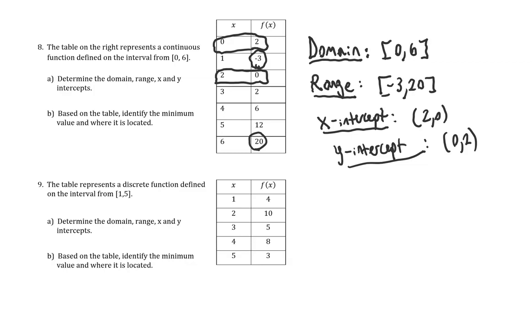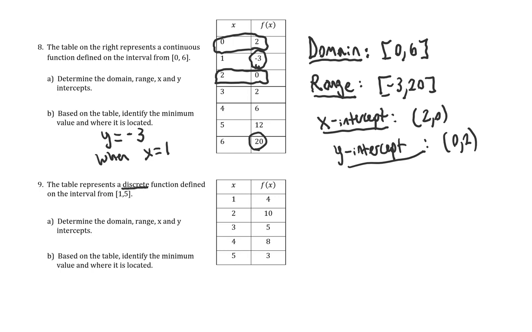And it says, based on the table, identify the minimum value and where it is located. So we've already talked about from the range, the minimum value is y equals -3, which occurs when x equals 1.